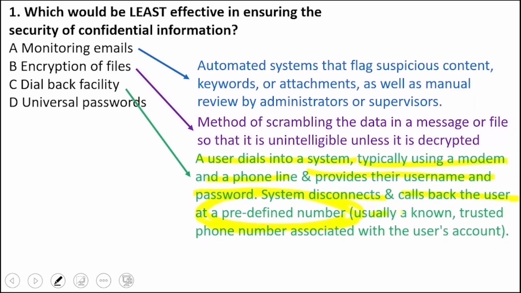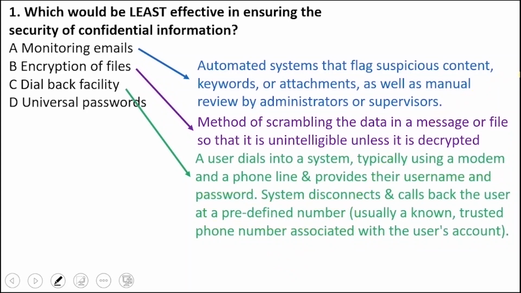And this number is a known and trusted phone number associated with the user's account. So what is the advantage? Even if another person steals the username and password, he will still not get access to the system because it is only through the callback that he gets connected to the system, and this callback is to a predefined number. So this again is effective.